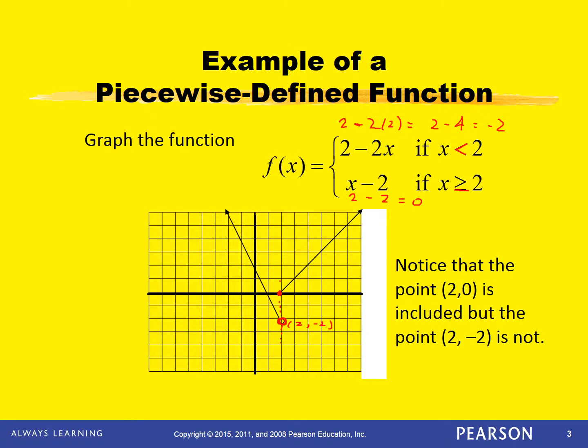Notice that the point 2, 0 is included on the graph, but the point 2, negative 2 is not. We couldn't have them both, because if we did, then this graph would fail the vertical line test and not even be the graph of a function.